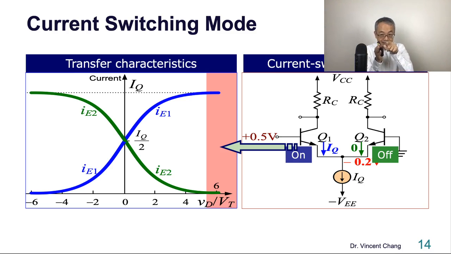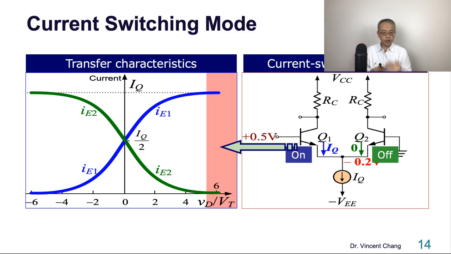So in this graph on the left-hand side, this is 4, 8, 12, 16, 20. So it's here, out of the linear zone.